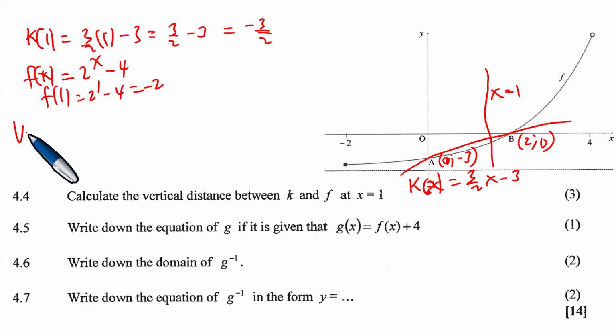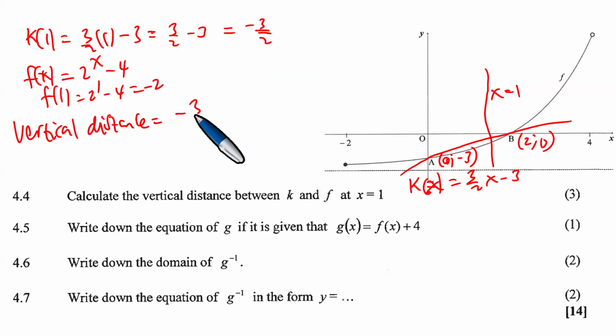So what is the vertical distance? If we have these two numbers, we want to find the distance between them. You take the largest number, which is minus 3 over 2, minus the smallest one, which is minus 2.